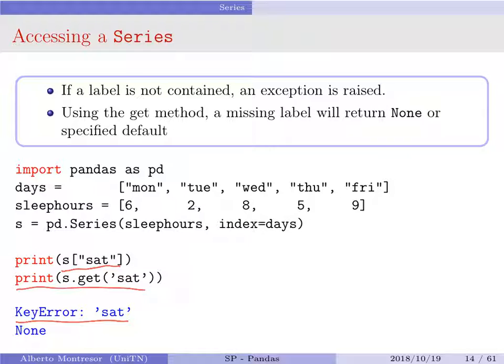So given that Saturday is not present, it gives you none. So at that point you can say something like, if s.get Saturday is none, or is equal to none, then you do something, okay?